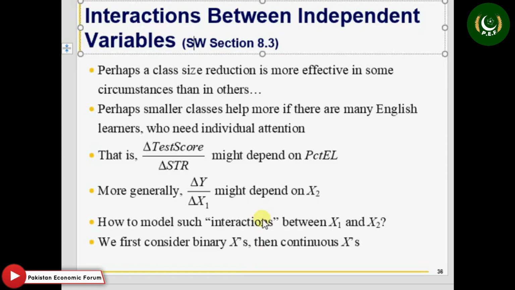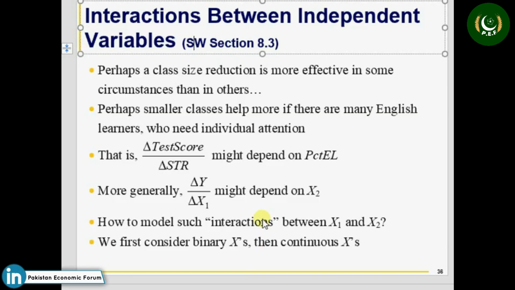At the moment, we are going to discuss interaction between independent variables. You can have binary and binary interaction, binary and continuous, and continuous and continuous. So you have three cases.